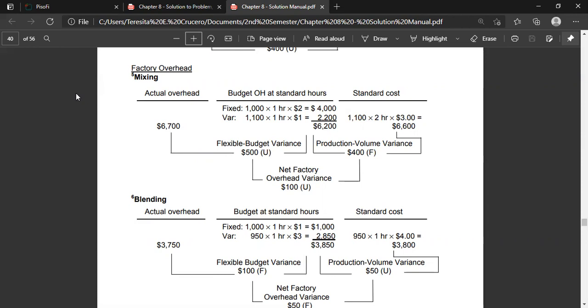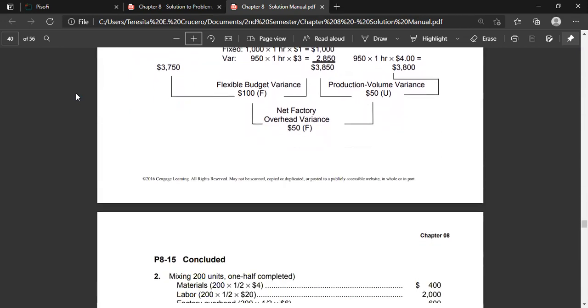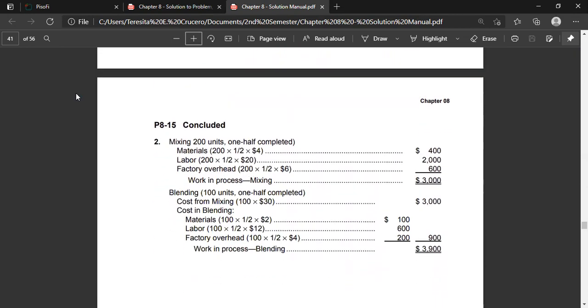Now the production volume variance is 50. It's unfavorable because budget at standard hours is actually 3,850, but the standard is only 3,800. So we now get the net factory overhead variance.